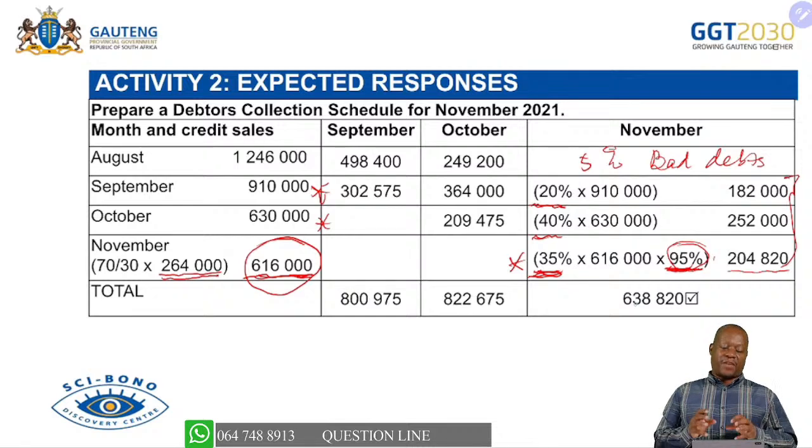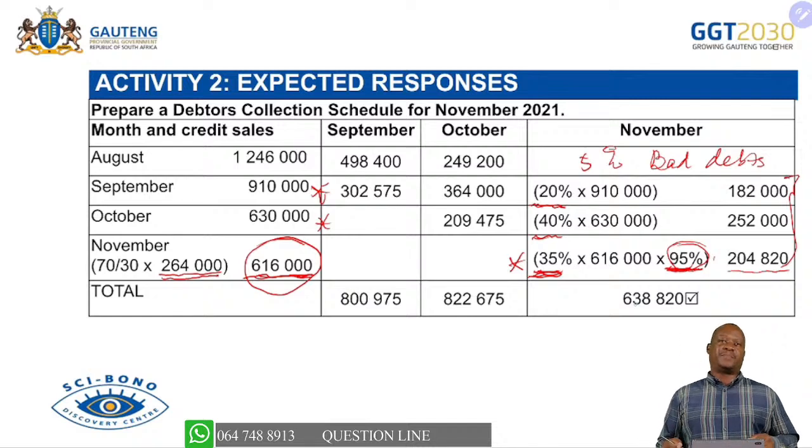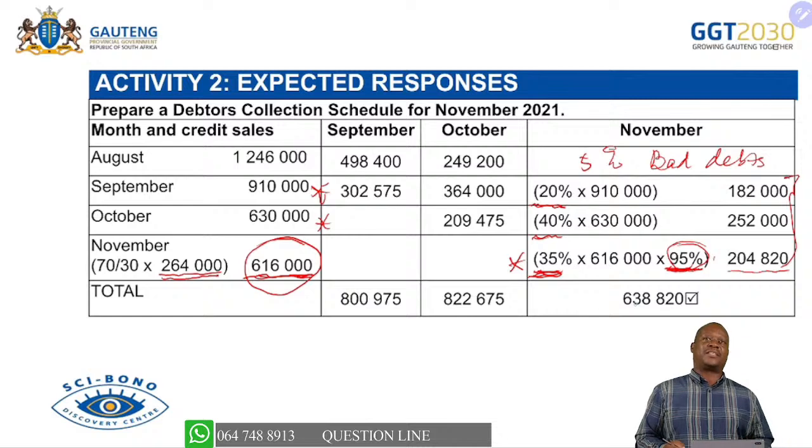That is the figure of expected collections in the month of November. And this is the figure that goes to the cash budget as receipts from debtors. Expected receipts from debtors. Hope everything is still going on as expected.